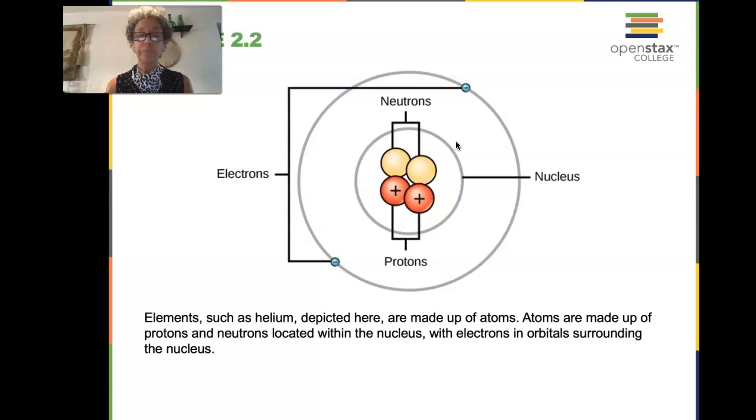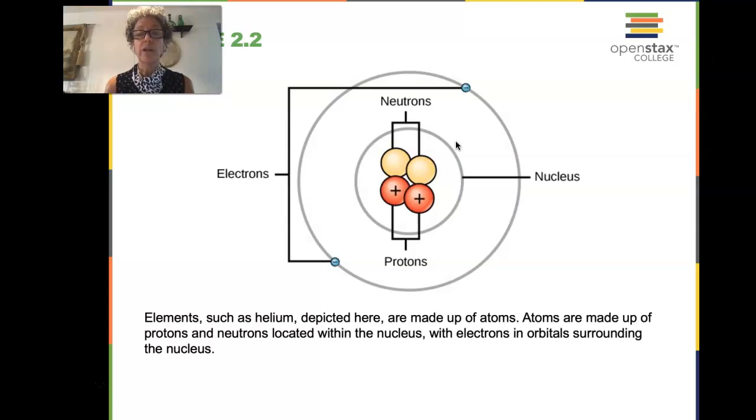For a neutral element, it is defined by its number of protons, and that does not change. The number of electrons is typically the same as the number of protons, because an element has no charge. If there's a charge on it, that is an ion, and that we will talk about later.